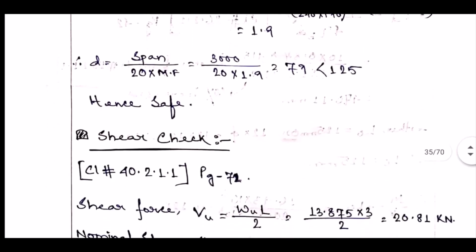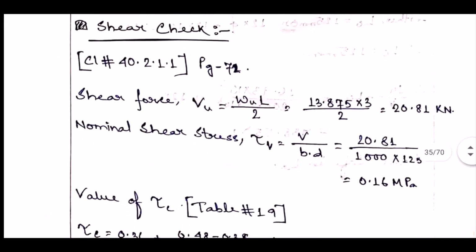Now check for shear. To check shear, first of all we have to find the value of shear force, that is Vu, equal to wL by 2. This is written in clause number 40.2.1.1 of IS 456 2000 on page 72, but we already know that to find the value of shear force we use the formula wL by 2.